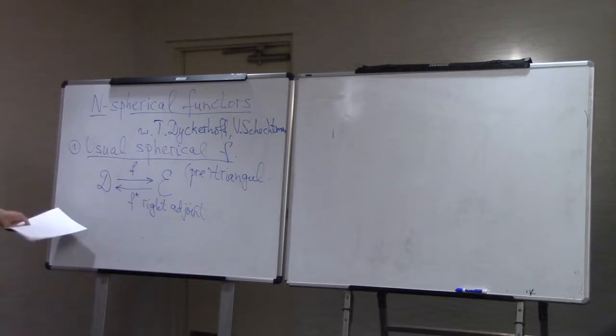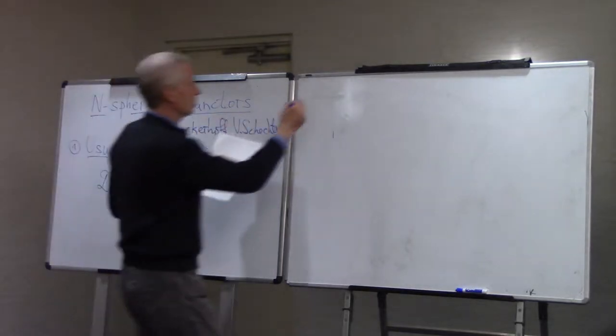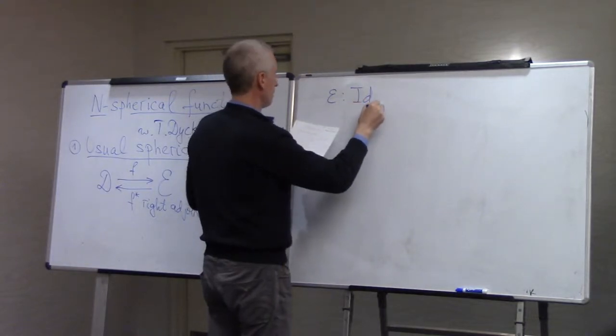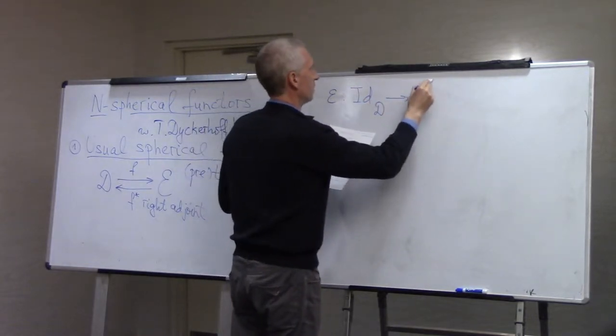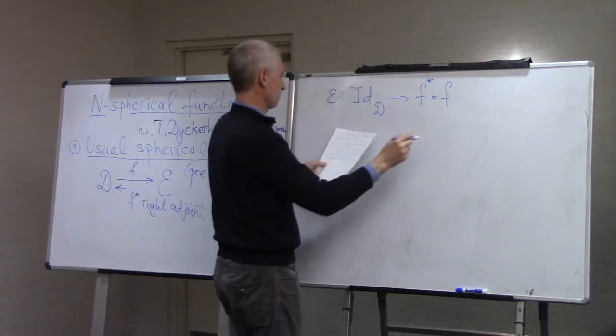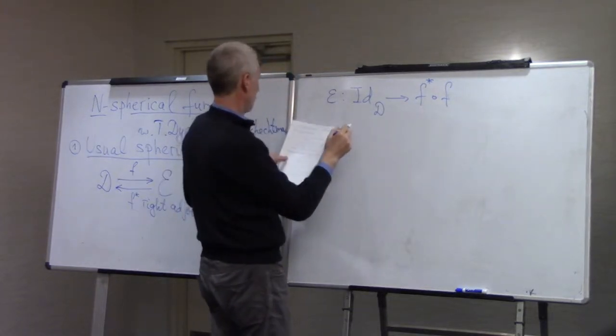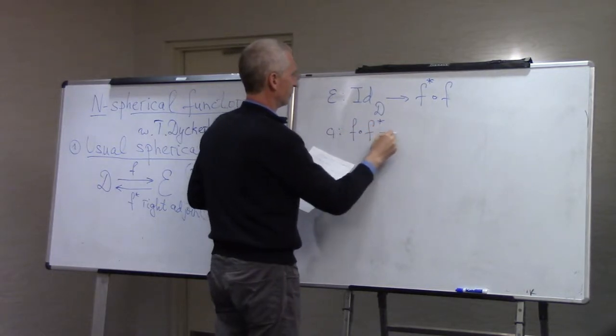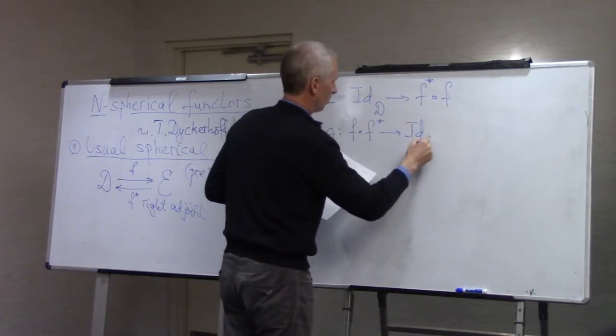We have the unit and the co-unit of the adjunction. We have epsilon from the identity of the category D to F star composed with F, and we have the co-unit from F composed with F star to the identity of E.